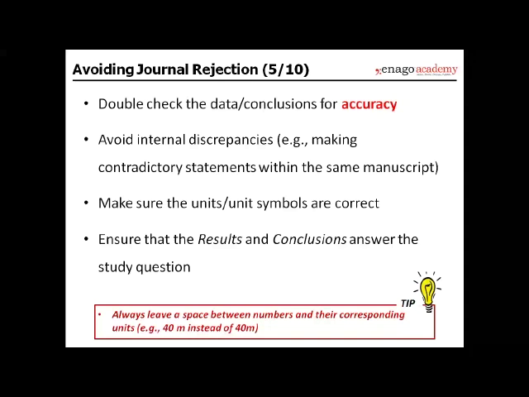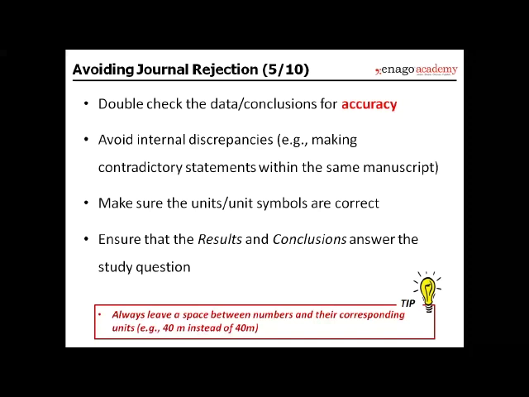Let's say somebody is trying to say that the width of the road is 40 meters, then the person should ensure that there's a space between the number and its corresponding unit. So all these small things really matter. If you want to increase the odds of acceptance, you have to ensure that all of these things are taken care of. You need to be in compliance with the journal requirements.